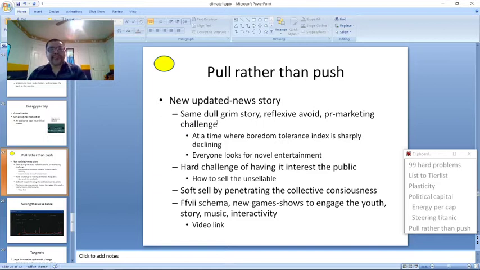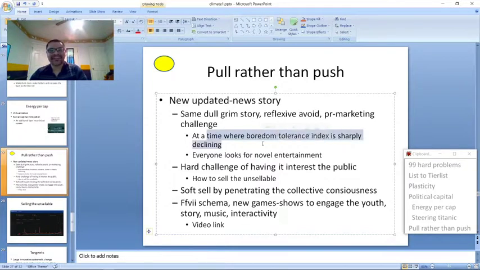One of the problems for reporters covering the climate change story is that it's the same dull, grim story. At a time where the boredom tolerance index for the public is sharply declining, where everybody looks for novel entertainment, the story does not provide enough excitement.